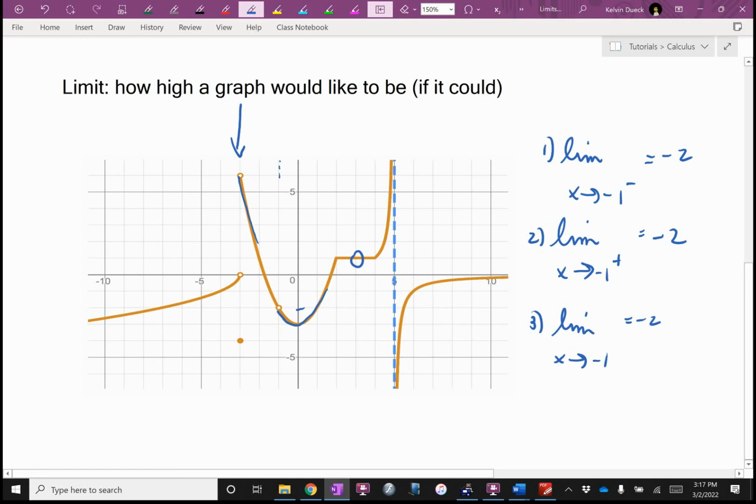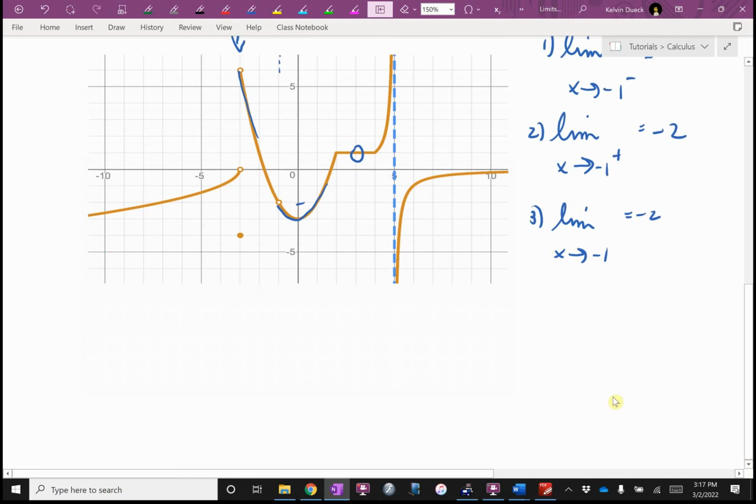Is that all right? Let's look at this weird example here when x is negative 3. The limit as x approaches negative 3 from the left is 0.